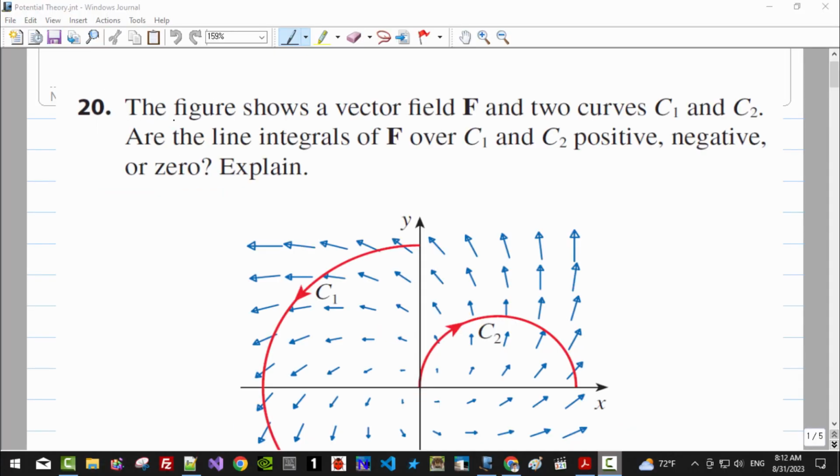Problem 20. The figure shows a vector field F and two curves C1 and C2. Are the line integrals of F over C1 and C2 positive, negative, or zero? Explain.